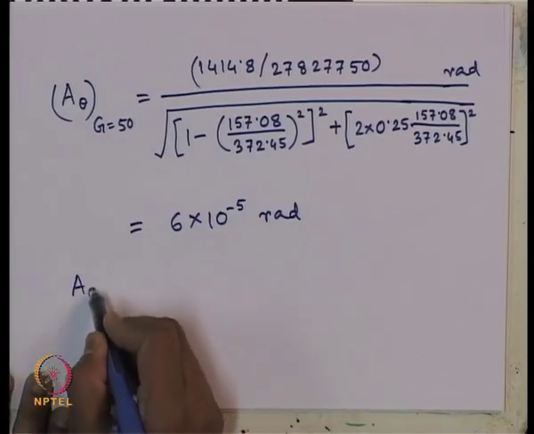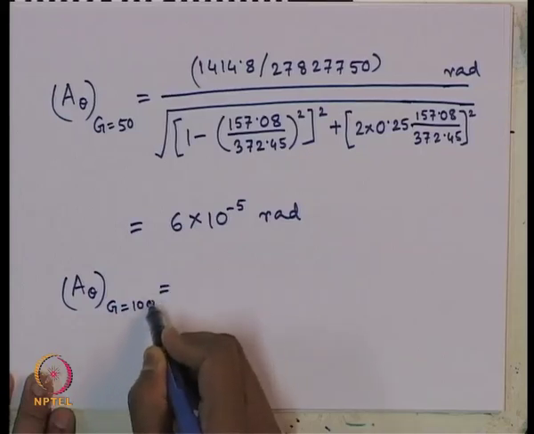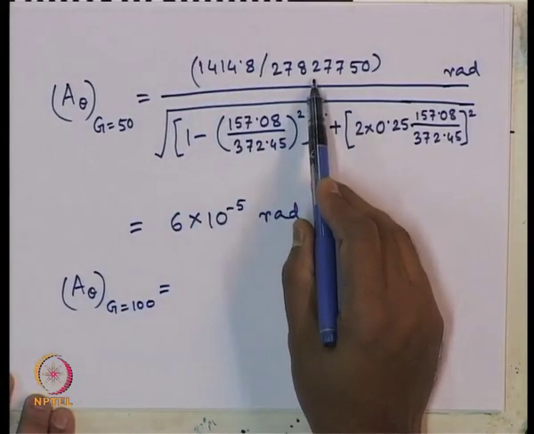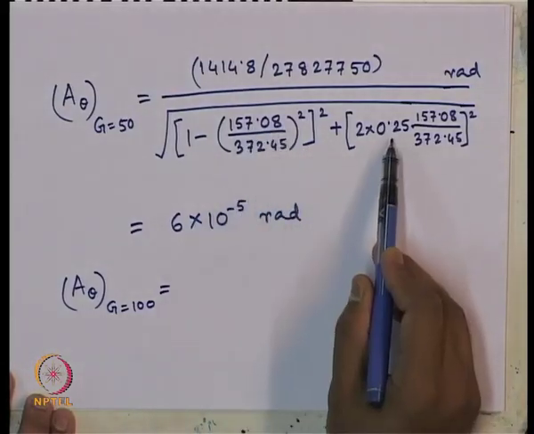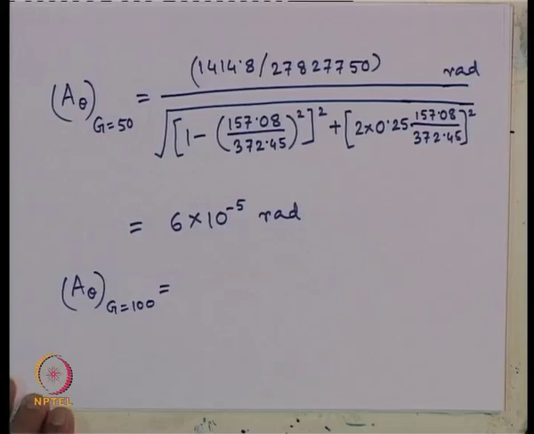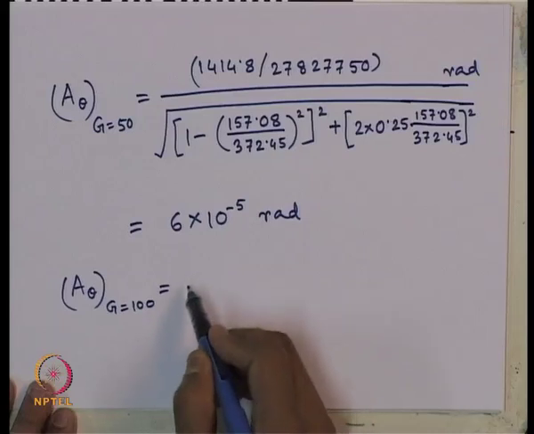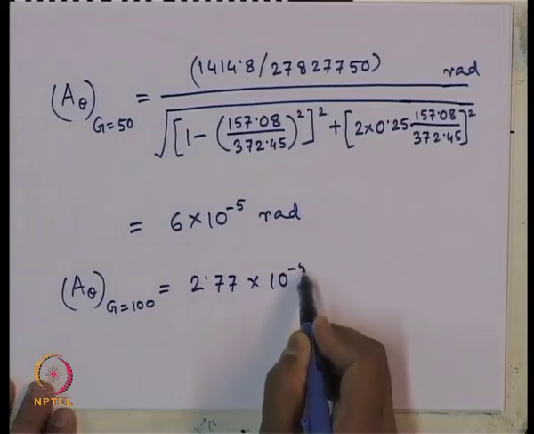Similarly, for A theta with G equals to 100, T theta remains the same, K theta becomes double, omega remains the same, omega n changes, eta theta also remains the same. So, by calculating, A theta for G equals to 100 is 2.77 into 10 to the minus 5 radian.